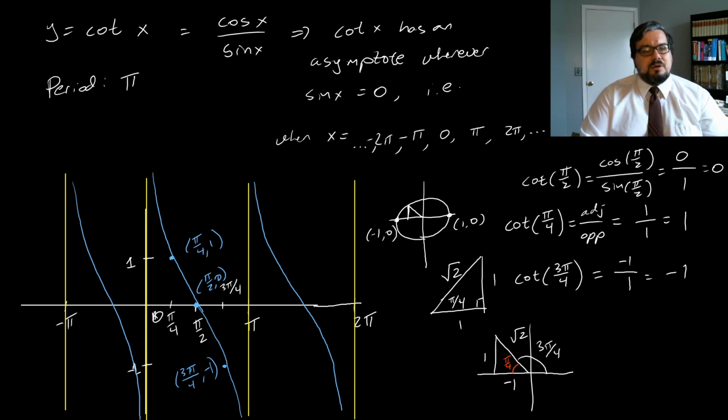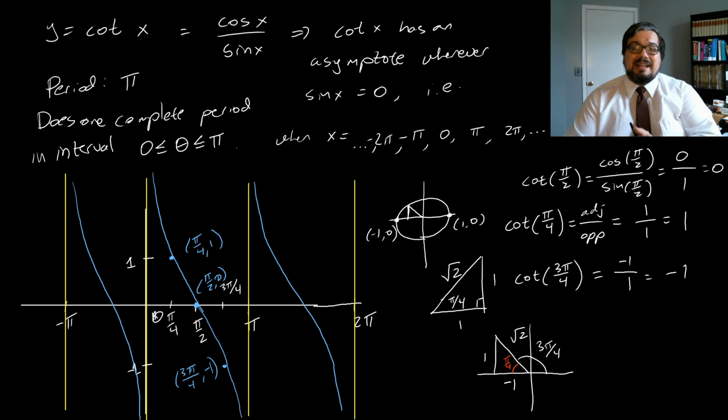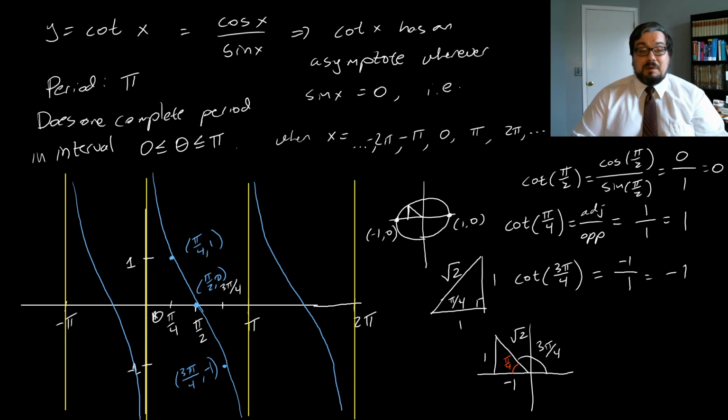Also, cotangent does one complete period in the interval between 0 and pi. So we're going to use that to graph out transformed versions of cotangent when we go to do that.